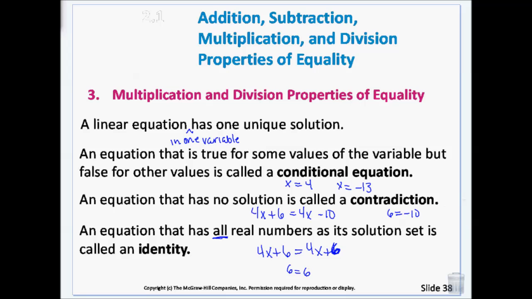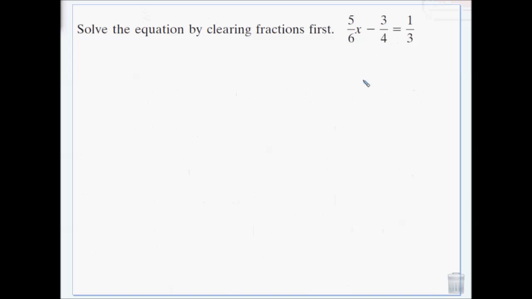Solving equations with fractions in them is yucky. So we get rid of the fractions. So first you find the common denominator. Denominator is with an n. Okay, so I have a 6, a 4, and a 3. So I'm looking for a number that 6, 4, and 3 will all go into. 12.